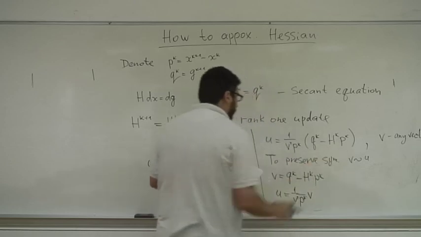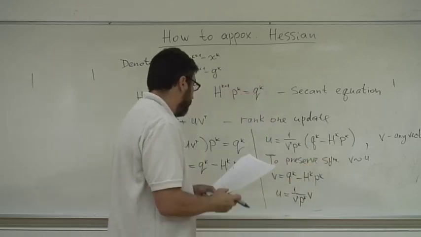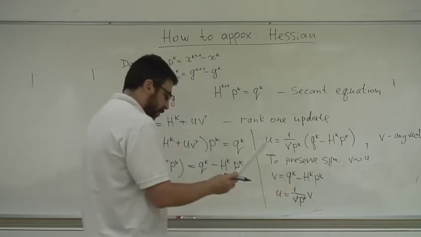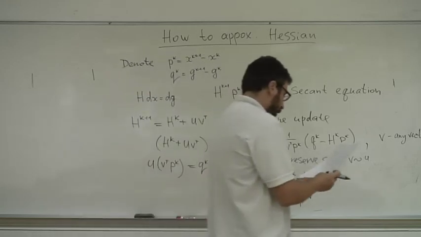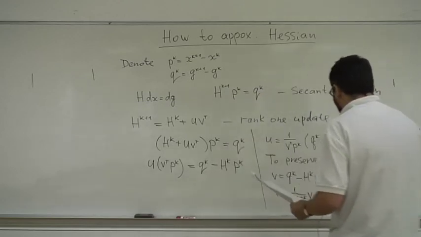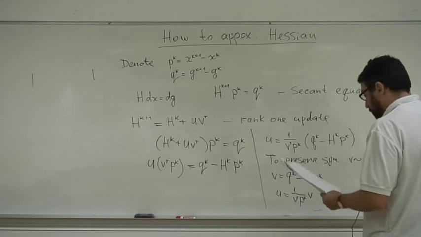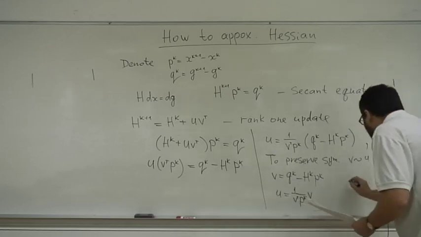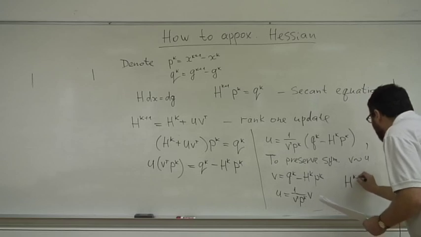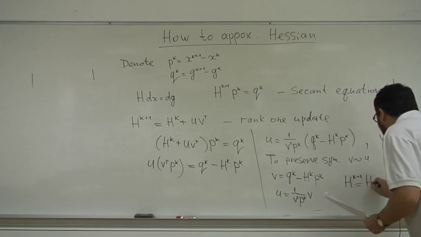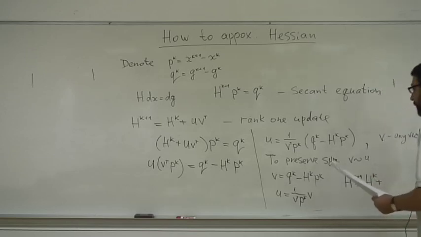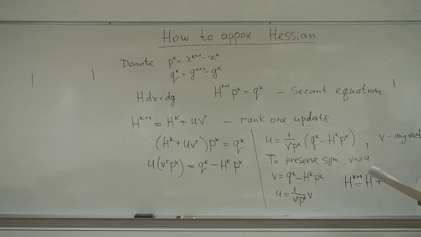Okay, this is my v, and if I summarize all this together, I get finally H_k plus u v transpose. I'll write it and you will see that I wrote the right thing.